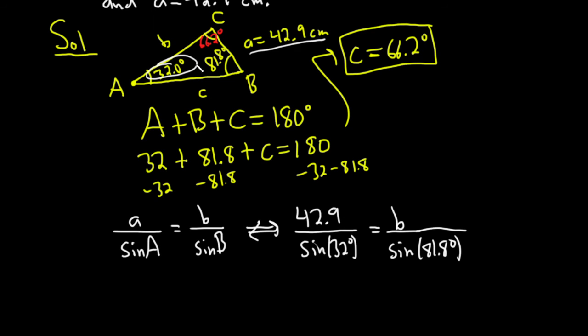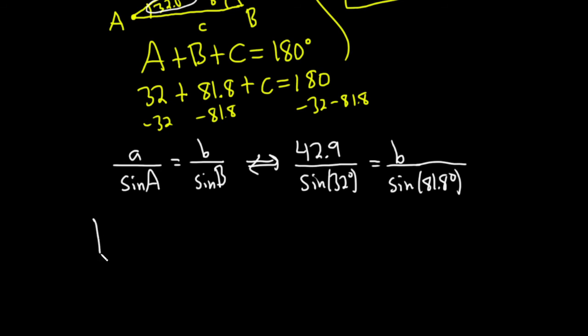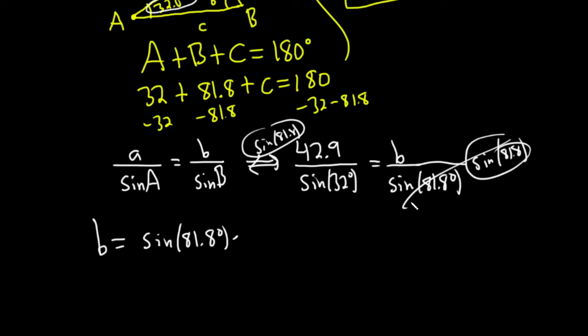Notice I used A because we have little a and we have big A. So we have all of this and we have big B. So this is the only thing that's missing. So now you just multiply both sides by this piece here. That's going to give us little b is equal to the sine of 81.8 degrees times all of this, because you're multiplying both sides by this expression so that this cancels.